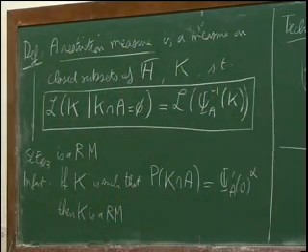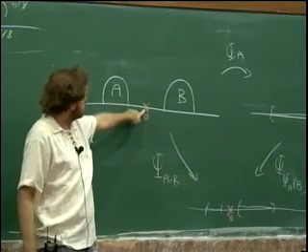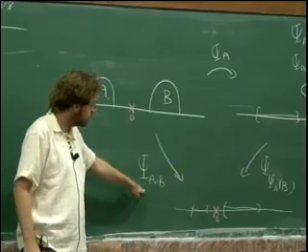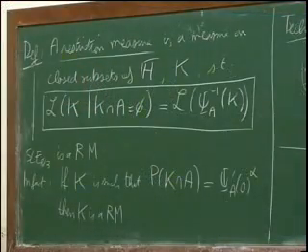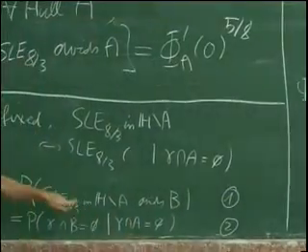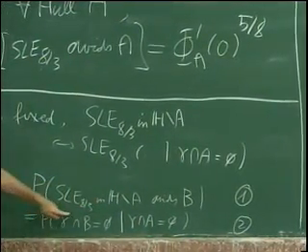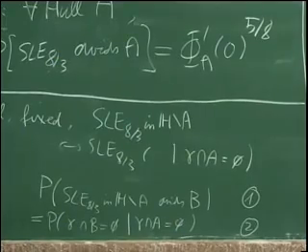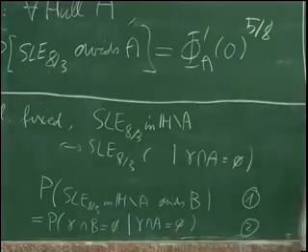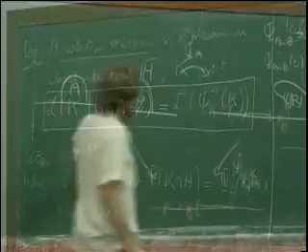And you take two sets, A and B, and you want to compute the probability that you avoid A and B. You don't know yet that it's related to psi of A union B, because that's what you want to show. You want to show that alpha exists. But what you know is that it is the probability to avoid B times the probability that you avoid A given that you avoid B. And then you know that given that you avoid B, you are the same as what you are in the complement of B.